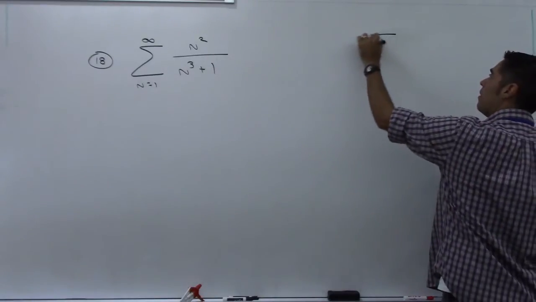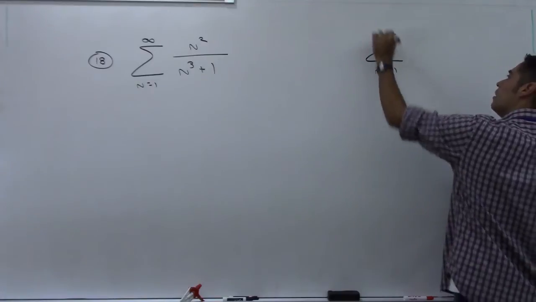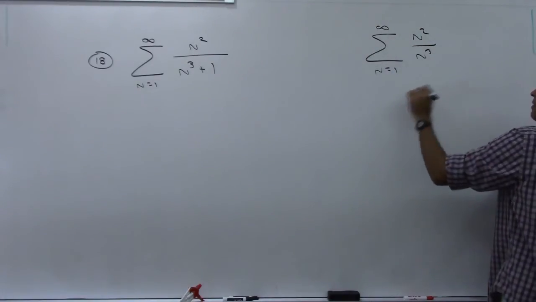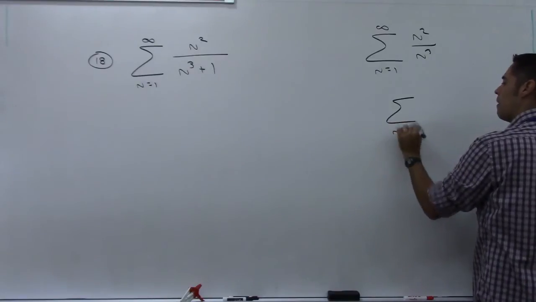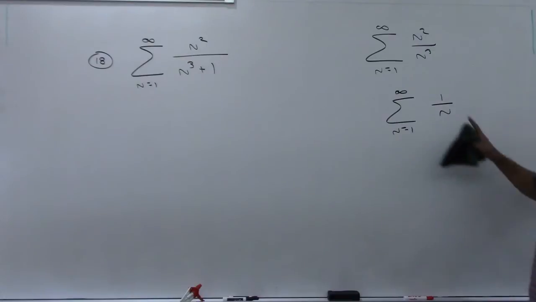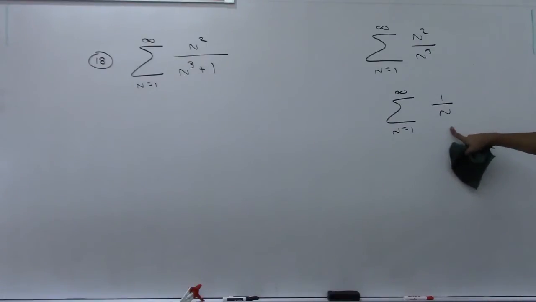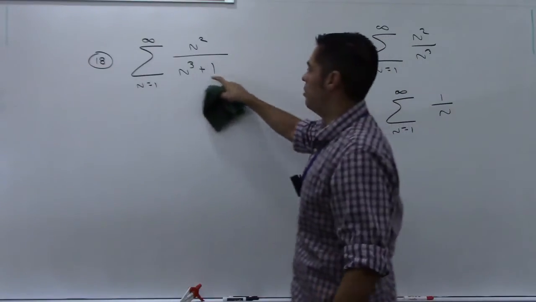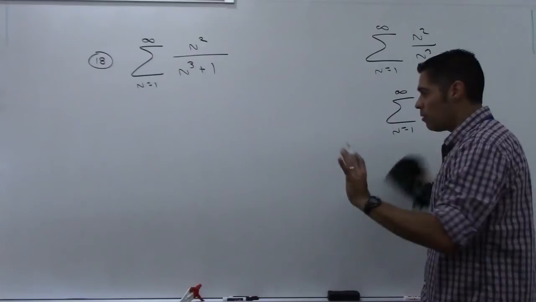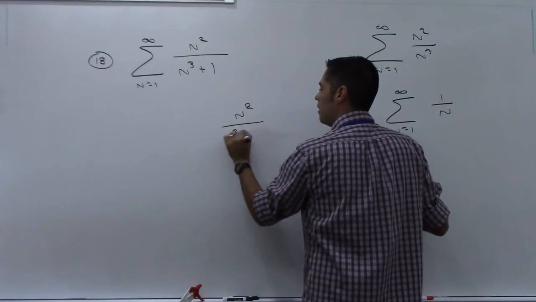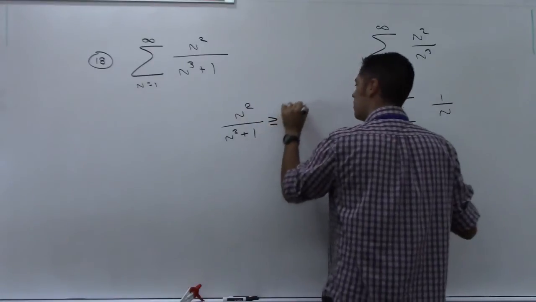I would like to compare that to n squared over n cubed, because that's what it's really behaving like, which is 1 over n. This is a divergent harmonic series, so I would do my comparison. I would need to show that n squared over n cubed plus 1 is bigger than this. So roughly, let me just lay out how this would be working, although I'm going to do it a different way. I would need to show this.